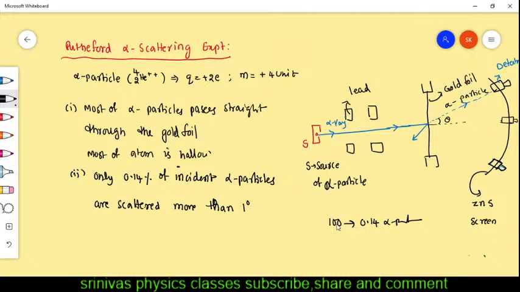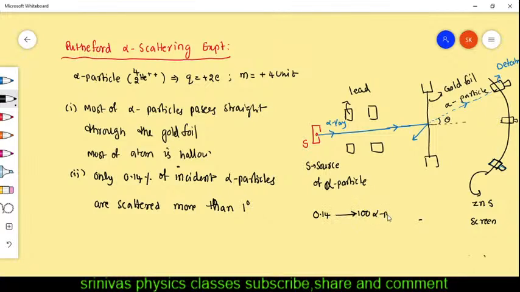If you multiply this by 10, you will get 1.4. So 0.14% of alpha particles scattered with an angle more than 1 degree. 0.14% means 0.14 for 100.